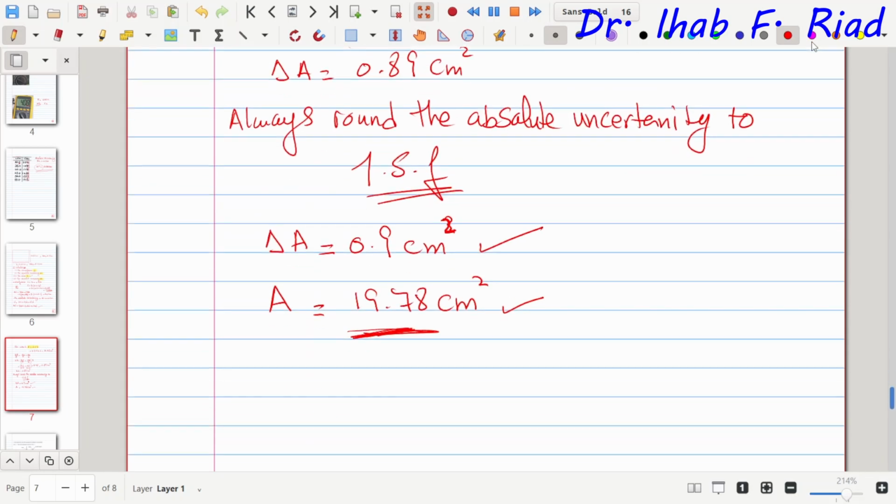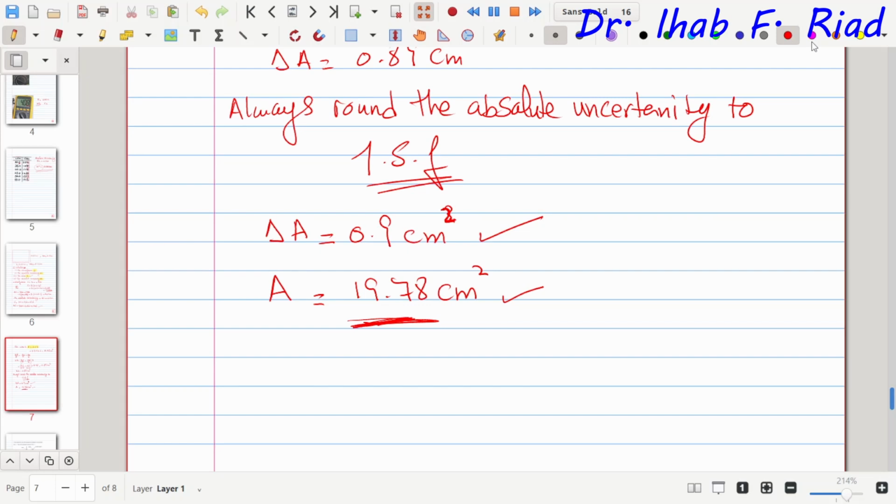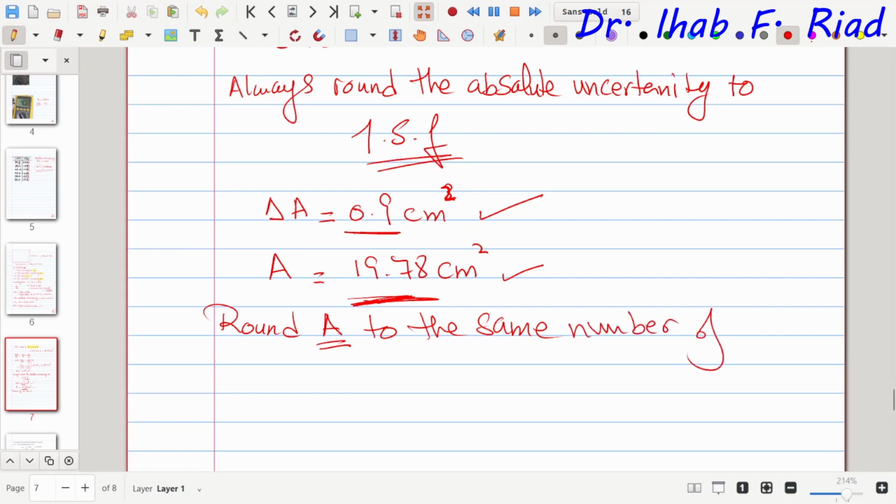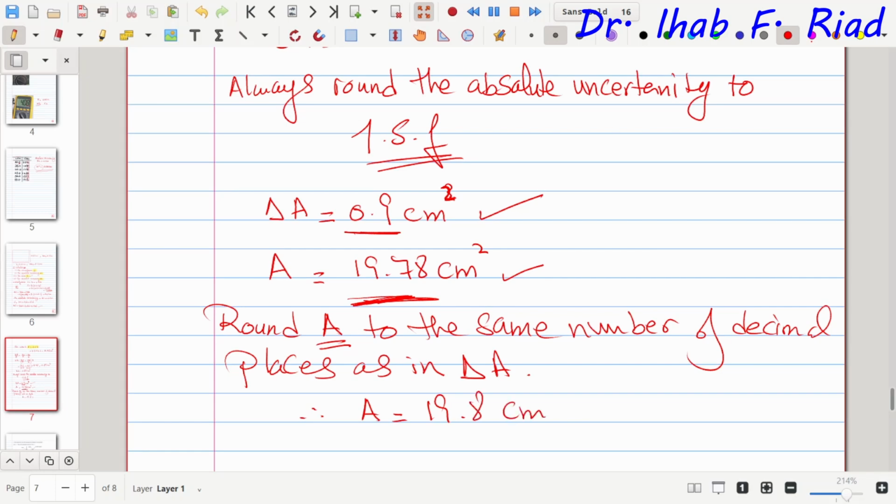we are recommended to reduce or round A to the same number of decimal places as in delta A. Therefore, A is equal to 19.8 centimeter square.